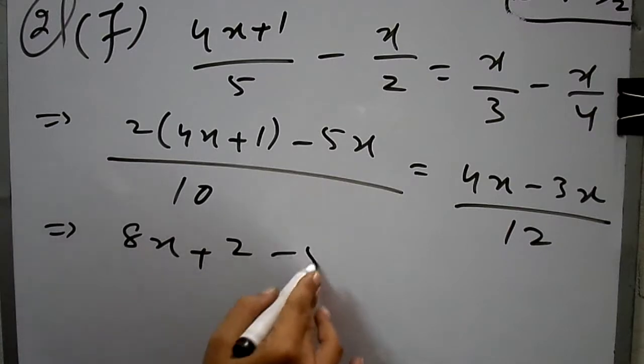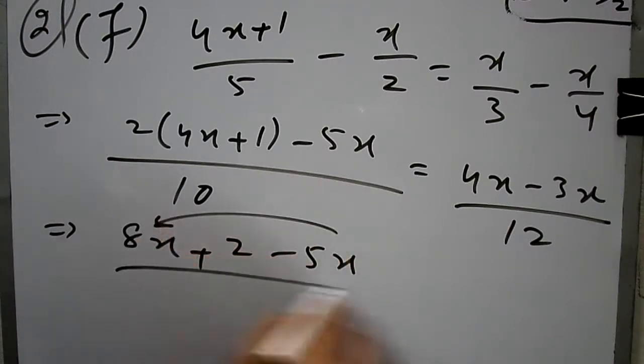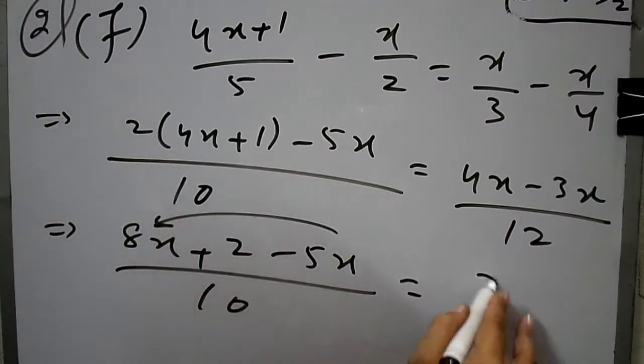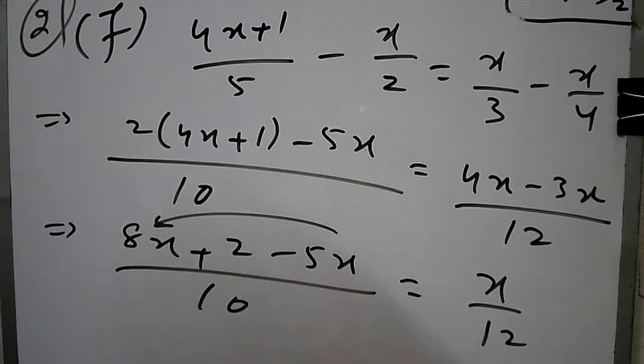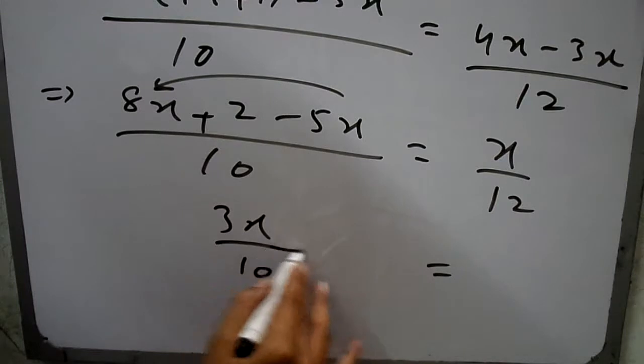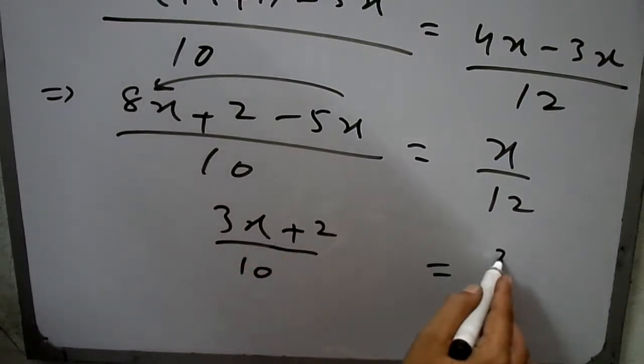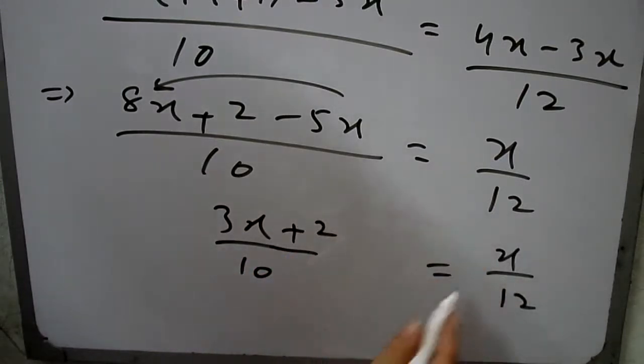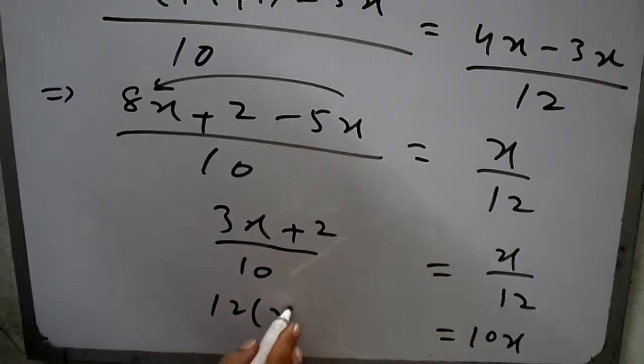Similar terms will be added and subtracted, you will get x by 12. So you will get 3x by 10, and (3x plus 2x) by 12. So by using cross multiplication you will get 10x and 12 into 3x.